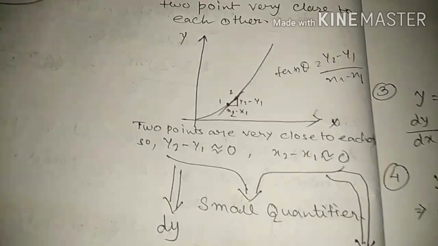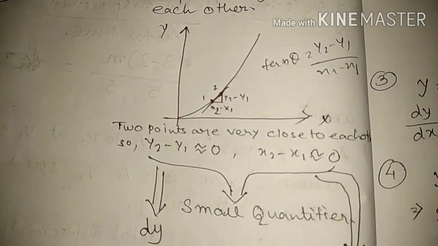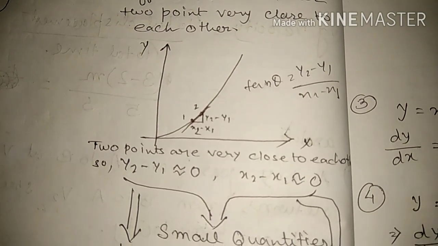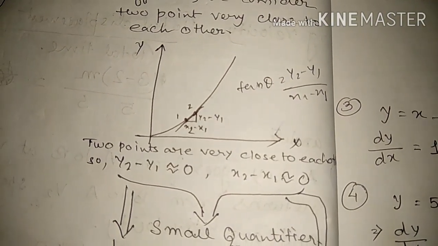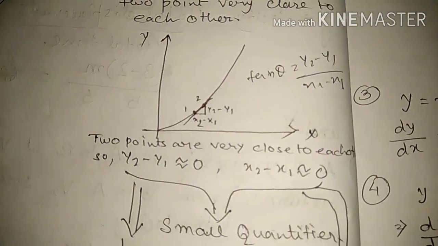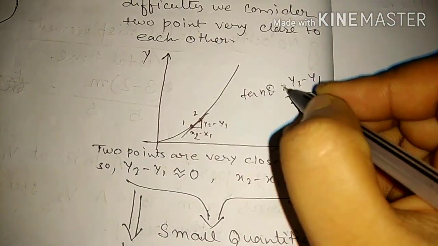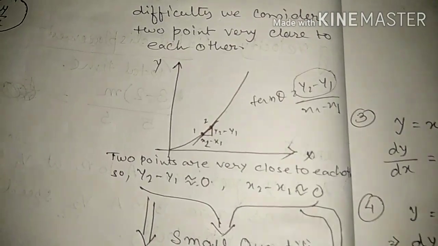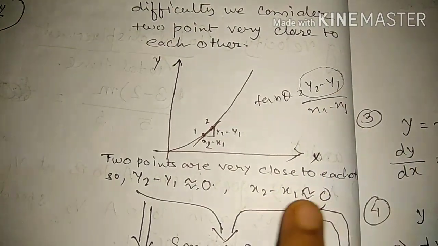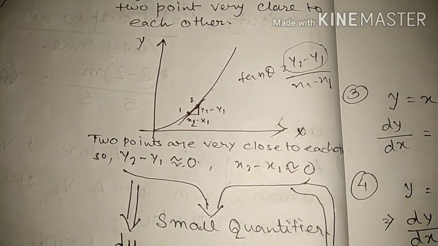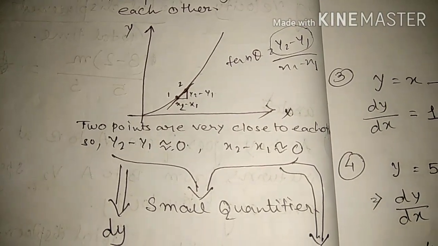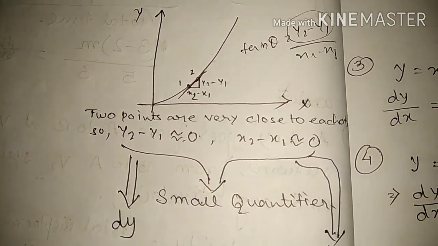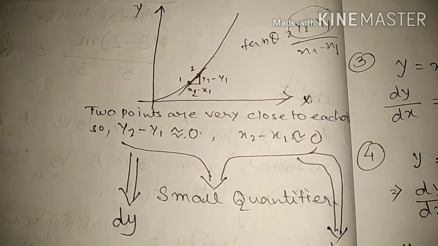Now, because these 2 points are very close to each other but not equal, not 1 point but 2 points very close to each other, this y2 minus y1 is nearly equal to 0, and x2 minus x1 is also nearly 0. So we can say that x2 minus x1 and y2 minus y1 are very small quantities.